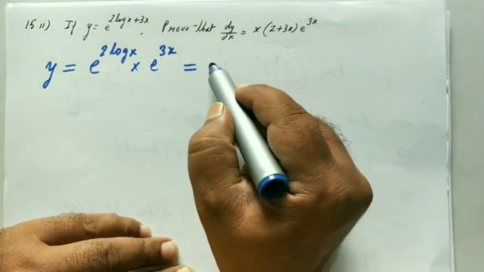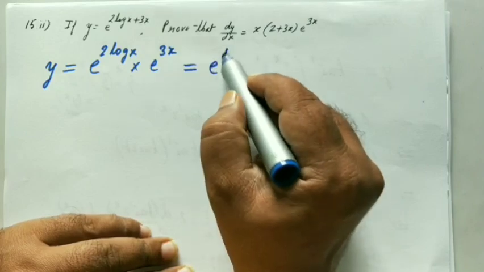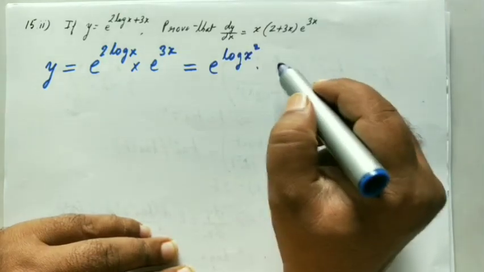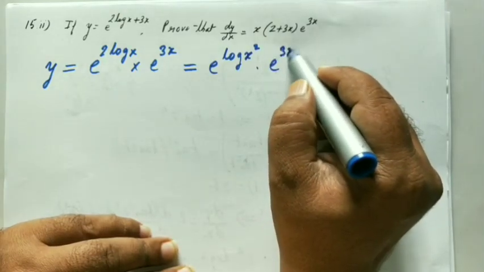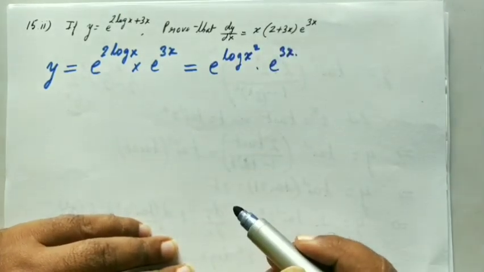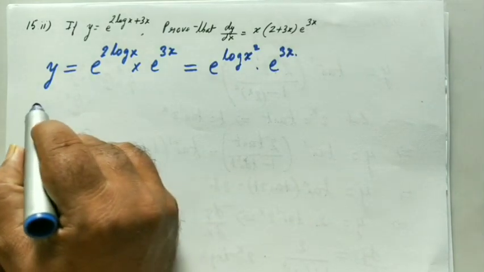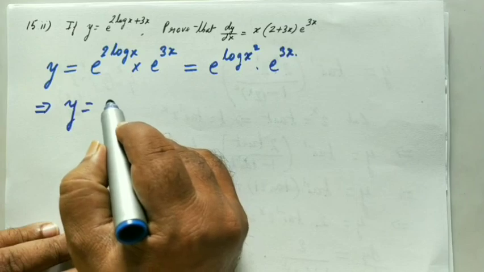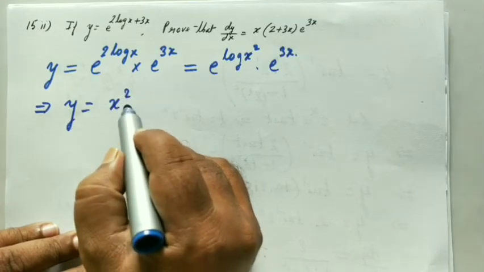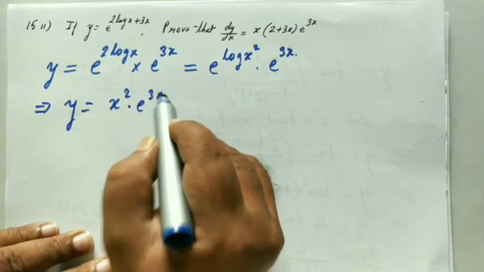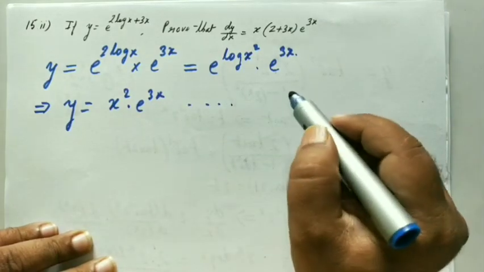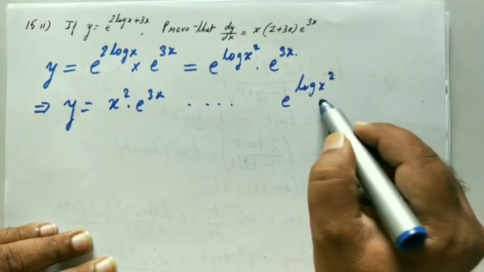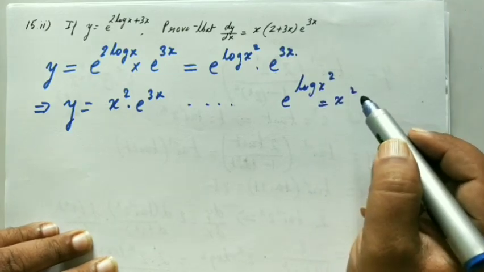This can be written as e to the power log x square into e to the power 3x, and then y is equal to x square into e to the power 3x. Now the reason is e to the power log x square is equal to x square. You have studied this.